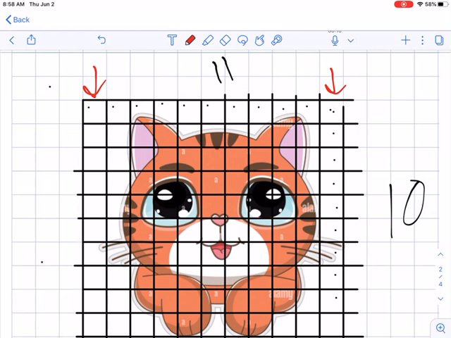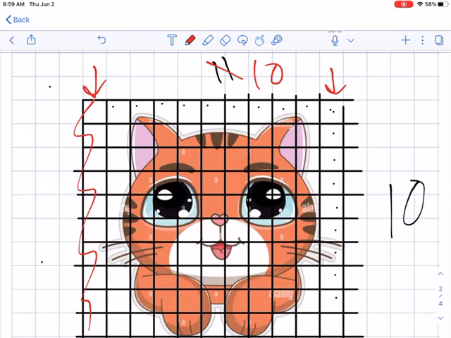So when I look at this picture, this little square down here doesn't have too much in it. So artistically, I'm going to make the decision to take that off. I'm going to eliminate this row. So now I only have 10. So I have 10 by 10.